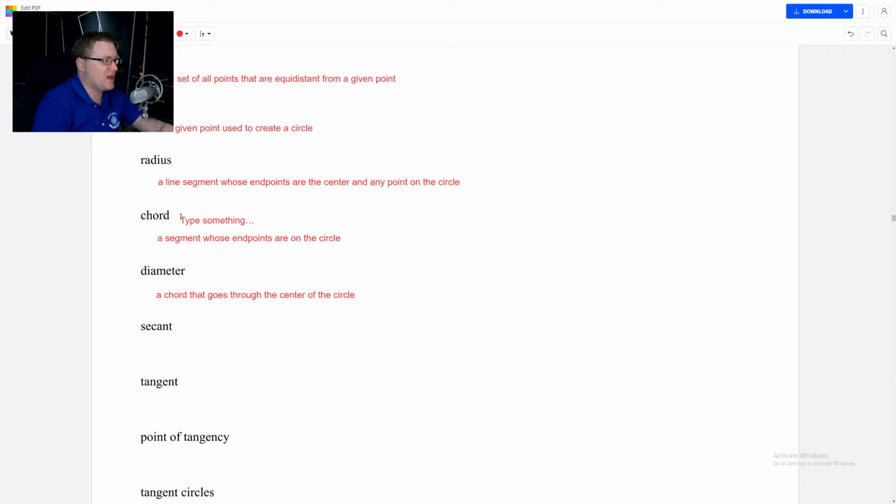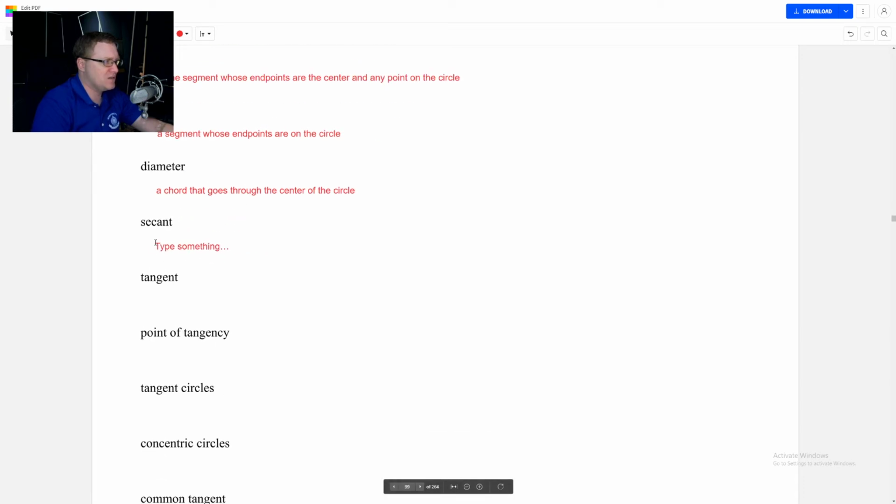All right. Next we have a secant. All right. A secant is kind of like a chord, except it's a line, not a segment. So we say it's a line that intersects the circle at 2 points. All right.